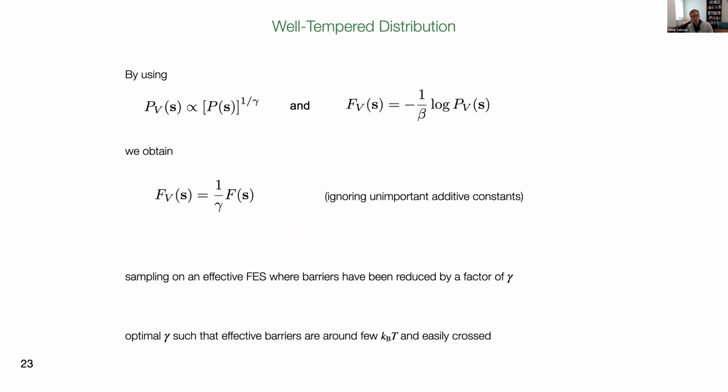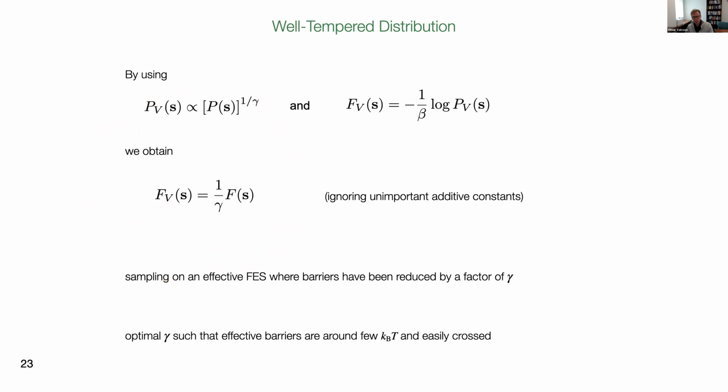And one can also see, which is good to have in mind when doing well-tempered metadynamics, that if you insert this equation for the biased distribution into this equation here for an effective free energy surface in the biased simulation, you can see that when we're using this well-tempered distribution, we're basically sampling an effective free energy surface where the barrier has been reduced by a factor of gamma.